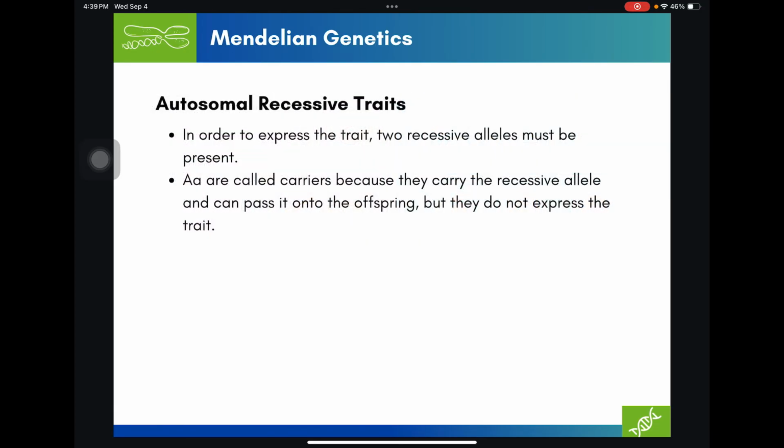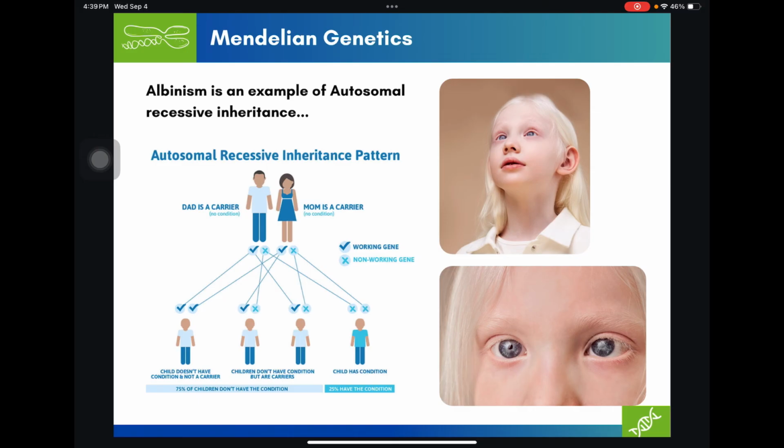Now, if you have dominant traits, we also have autosomal recessive traits, in which the parents may actually pass the recessive allele to their offspring, as we can see in this one. This is a very good example of the autosomal recessive inheritance pattern. For example, both of the parents are carriers, but they have no conditions, because both of them carry the recessive trait.